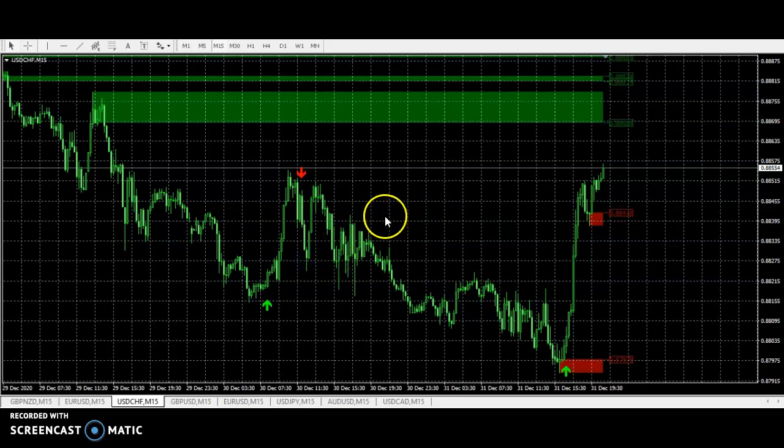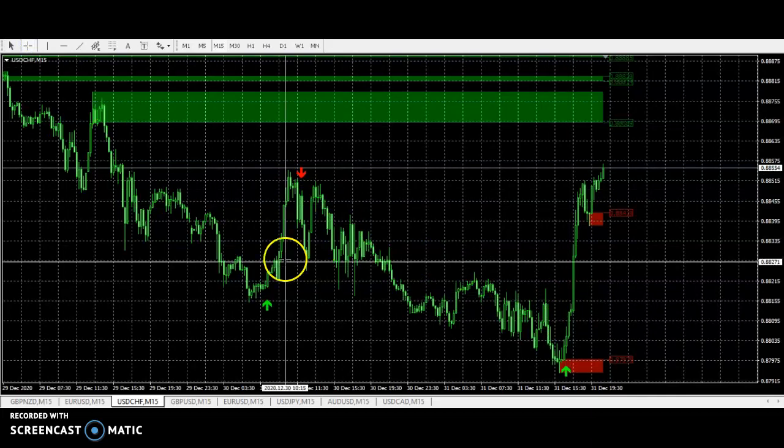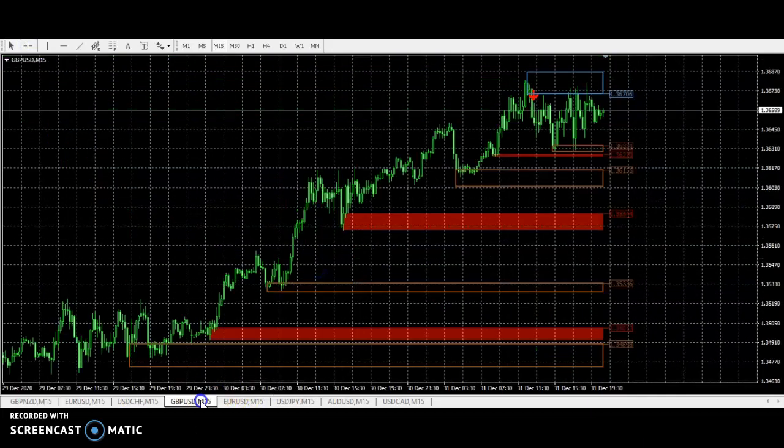In a day, as per my experience, you will get more than 15 signals. So if you collect even 5 pips, assuming 10, so 50 pips, you can easily make $50 in a day. Okay, let's move to another.